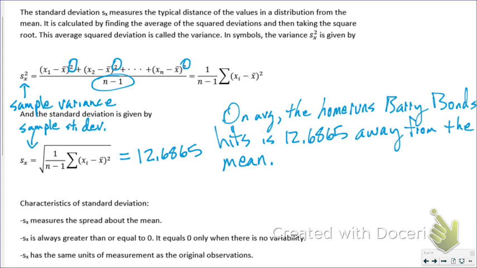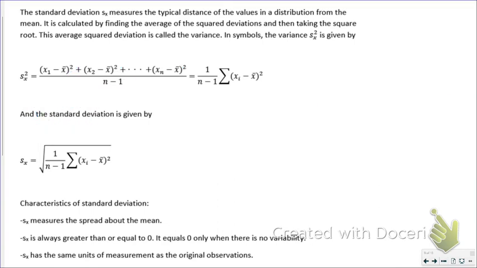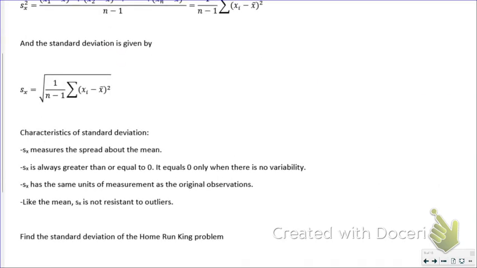It's not a sure thing. Sometimes it's less, sometimes it's more, but it's on average 12 home runs away from the mean. And a big reason for that was 73. One season he hit 73. That pulled the standard deviation higher, which is what this down here is talking about.